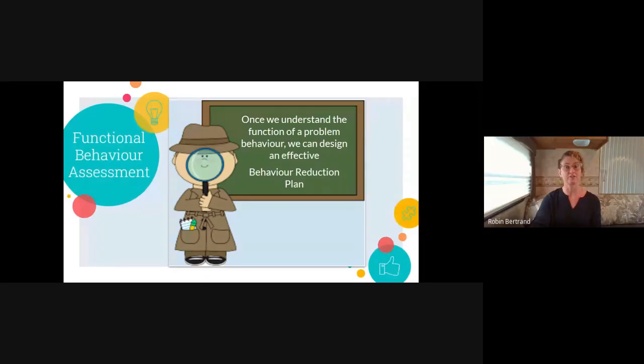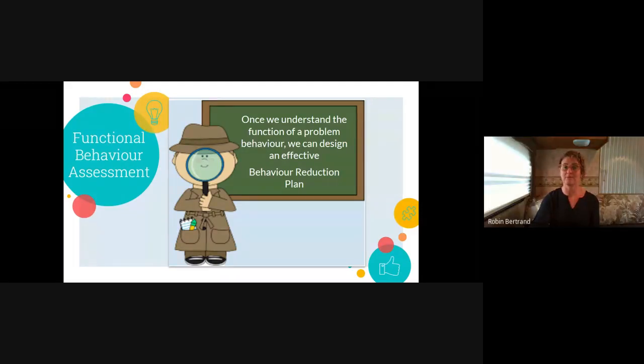We talked about the first steps for reducing problem behavior. They involve describing the behavior clearly so that we can observe and measure its occurrence. Also, conducting a functional behavior assessment to learn what change in the environment happens routinely after the problem behavior that is making it worthwhile for the individual to continue repeating. In other words, what is the function of the problem behavior?